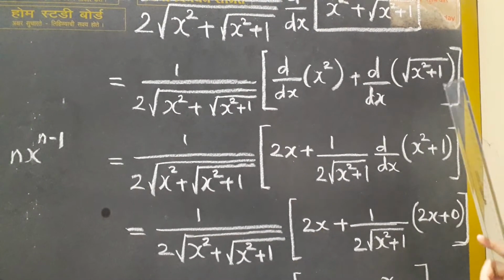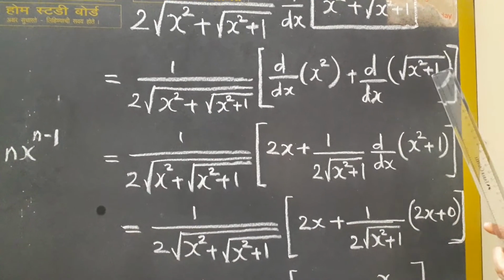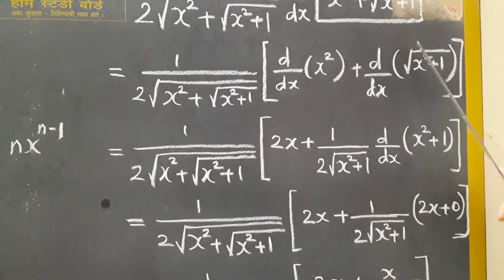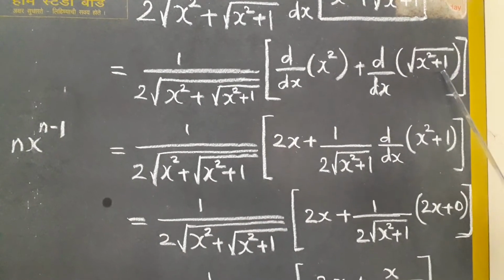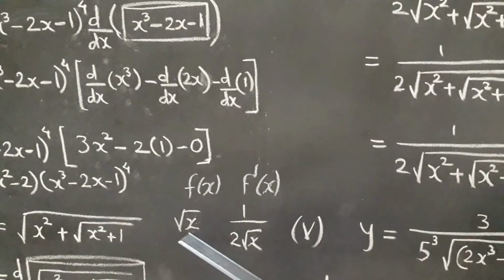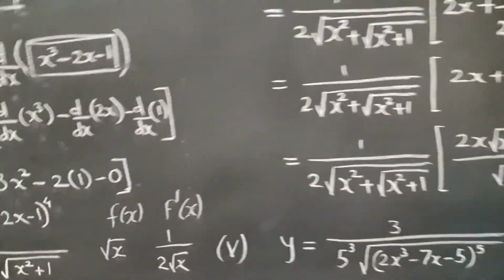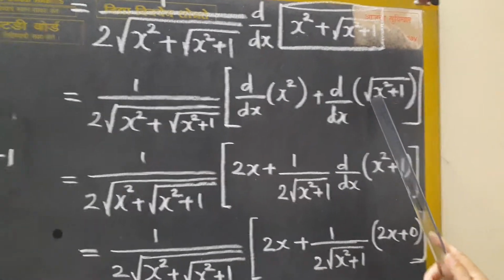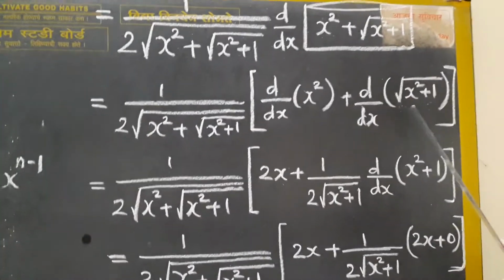Once again, because there is no multiplication or division, the type of function I get is root of something. But root of something doesn't have a simple x. So once again here we find out the derivative of root x type of function.